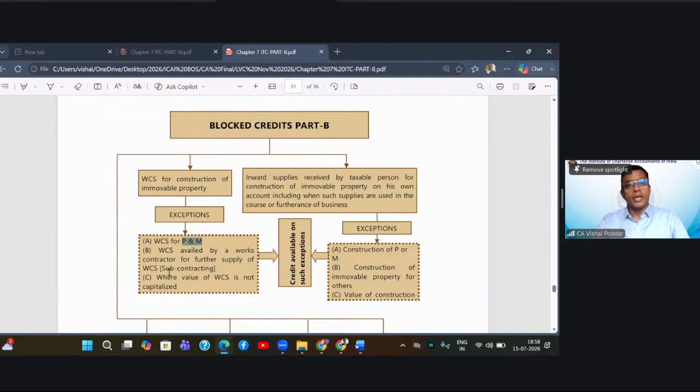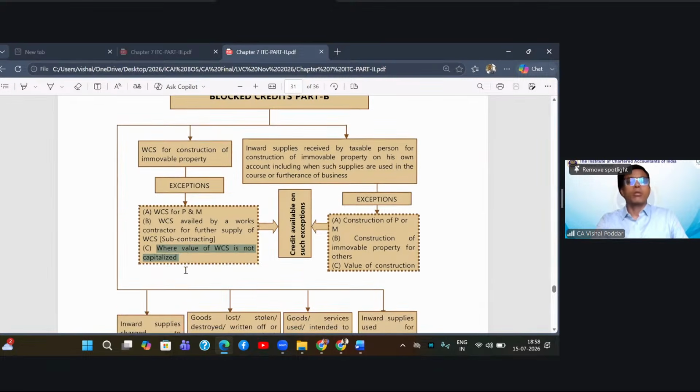Second, where this inward service, whichever I am availing for construction, is not capitalized. It means I am treating the inward service as my revenue expense. So let us say I've done some repair work in my factory, I've done some small renovation of my office, and the expenses on this repair renovation are not capitalized in my books. The credit of such repairs renovation will be allowed.